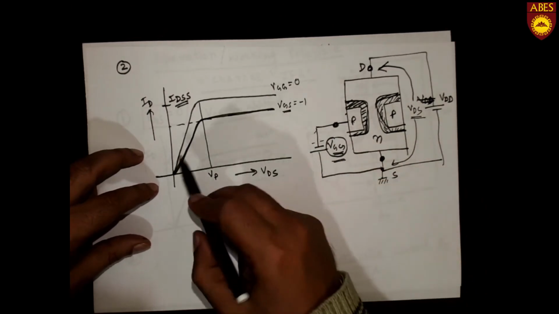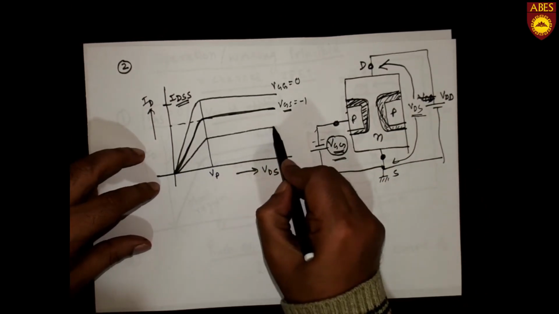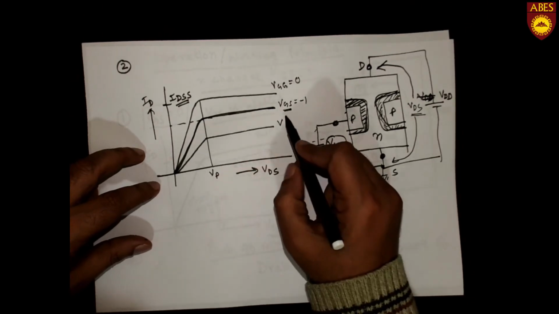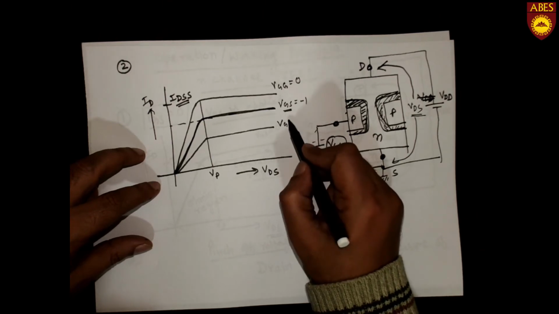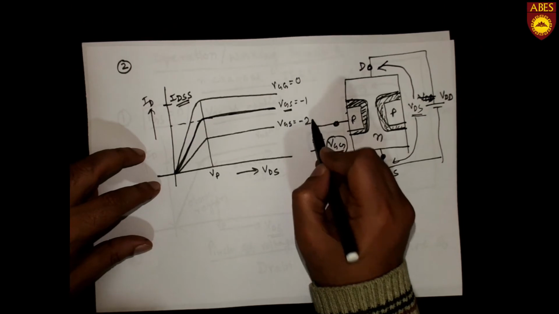If a bigger voltage is applied here, then this current saturates at once again a lower value.